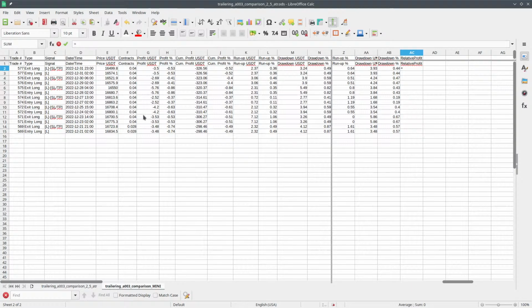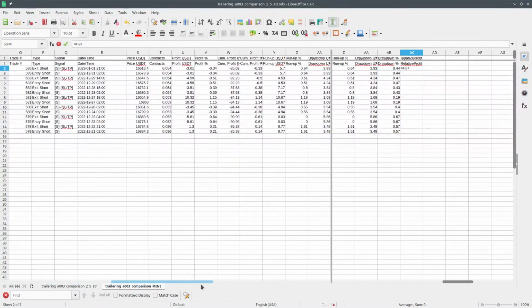So what I want to use is the profit from the trade in percentage, which is this one here, plus the profit of the trade on the same row, which is here, and that's it.